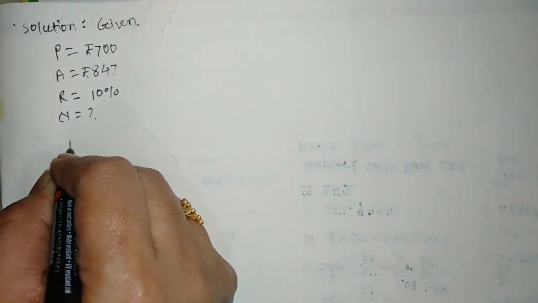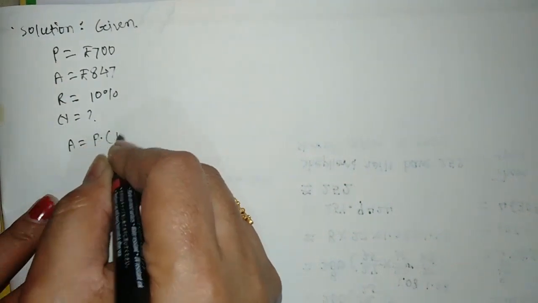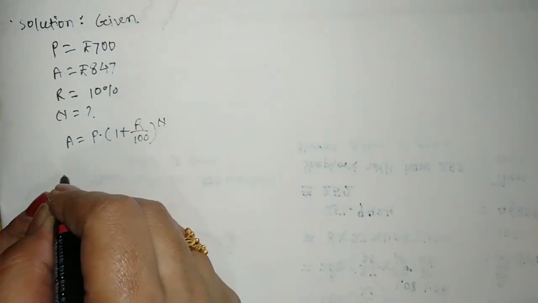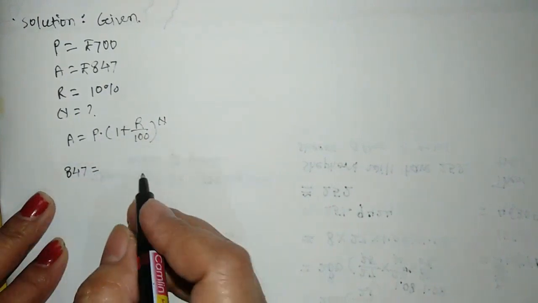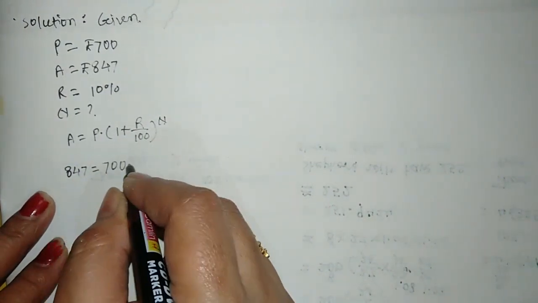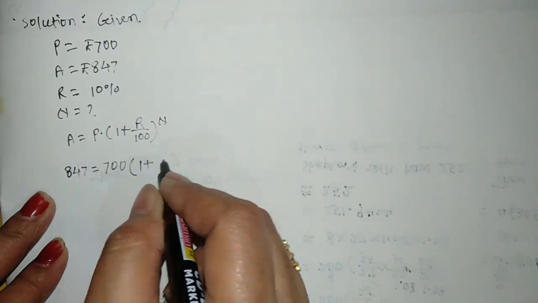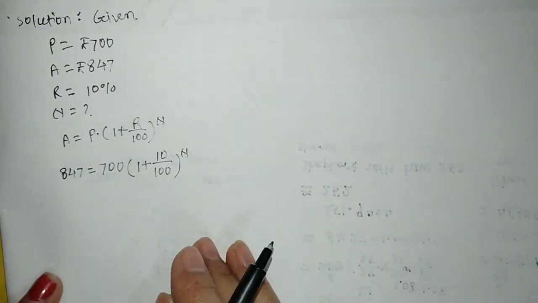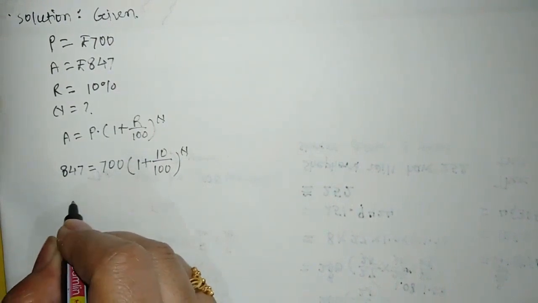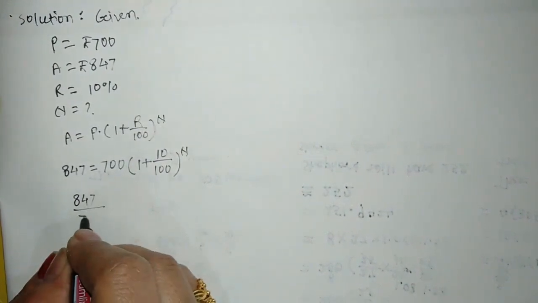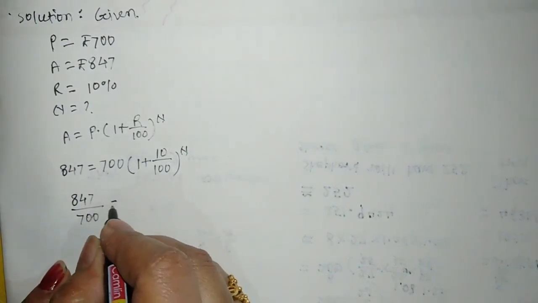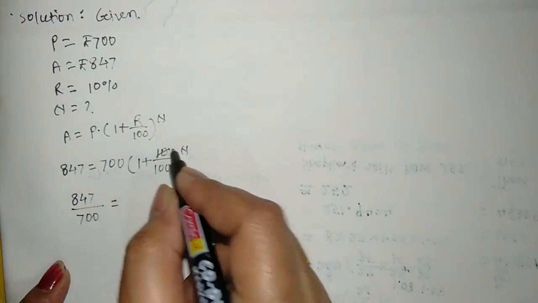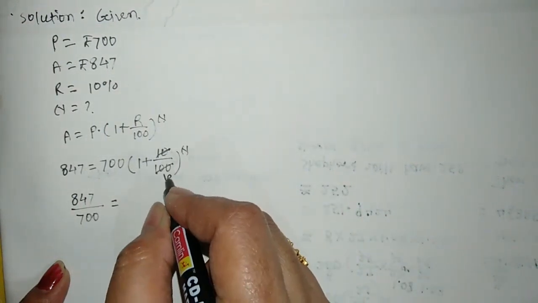So write down the formula. A is equal to P into (1 plus R upon 100) raised to N. Put in the values. 847 is equal to 700 into (1 plus 10 upon 100) raised to N. So this 700 comes this side: 847 upon 700 is equal to, take the reduction here, 10 tens are 100.